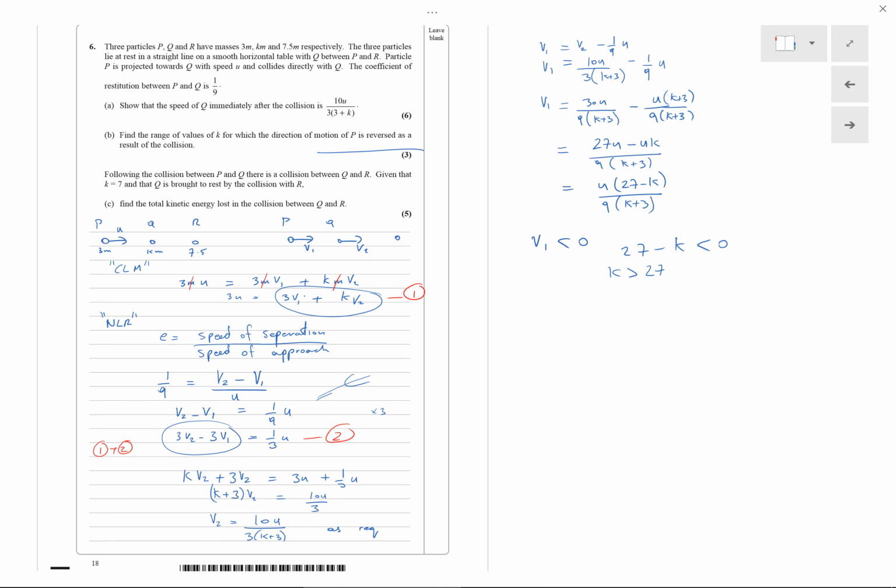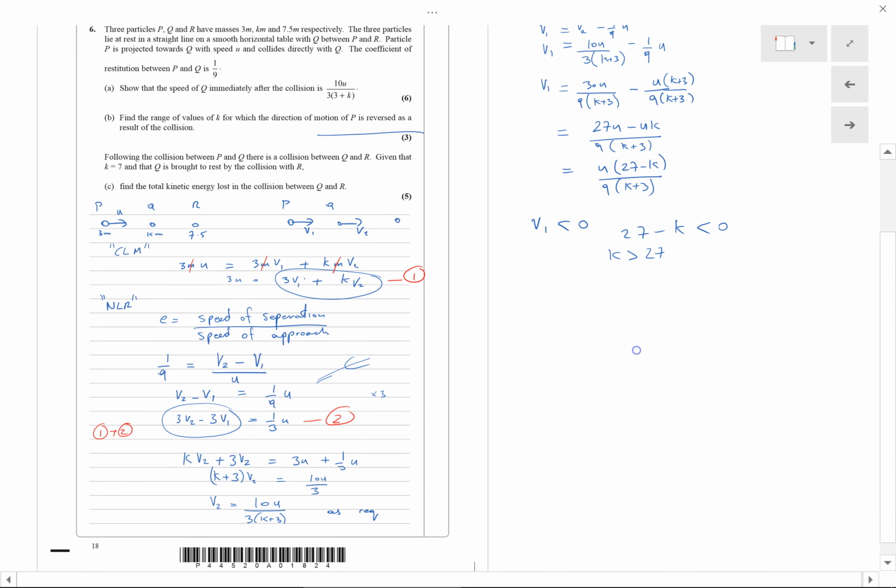And in fact, it's not reversed because we know that V2 is worked out. We're given that K is 7. So that must mean that V2 is equal to, going back to our expression for K, 10u over 3 times 7 plus 3, which is equal to u over 3.